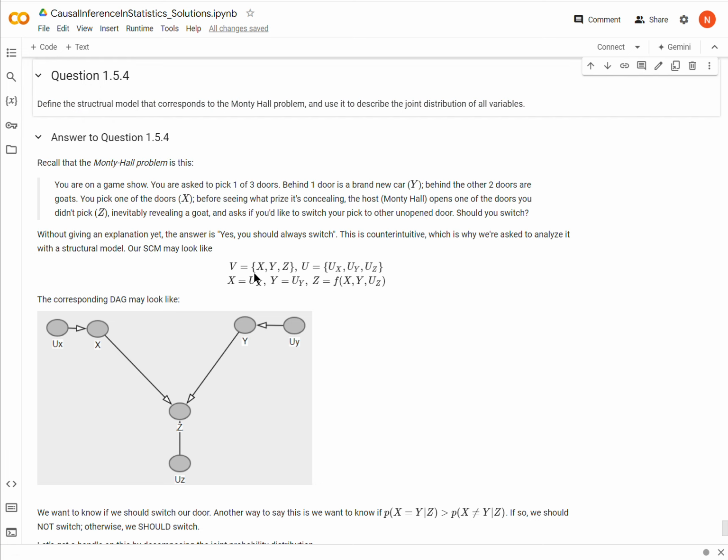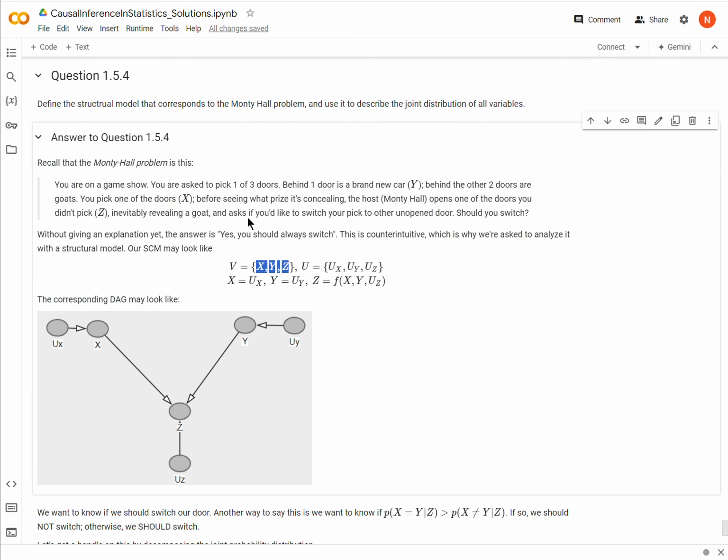So here's what the model might look like. We have our set of variables, X, Y, Z, which I've defined up here. And they have their own exogenous contributors, U_X, U_Y, U_Z, just like we've seen earlier in the chapter.